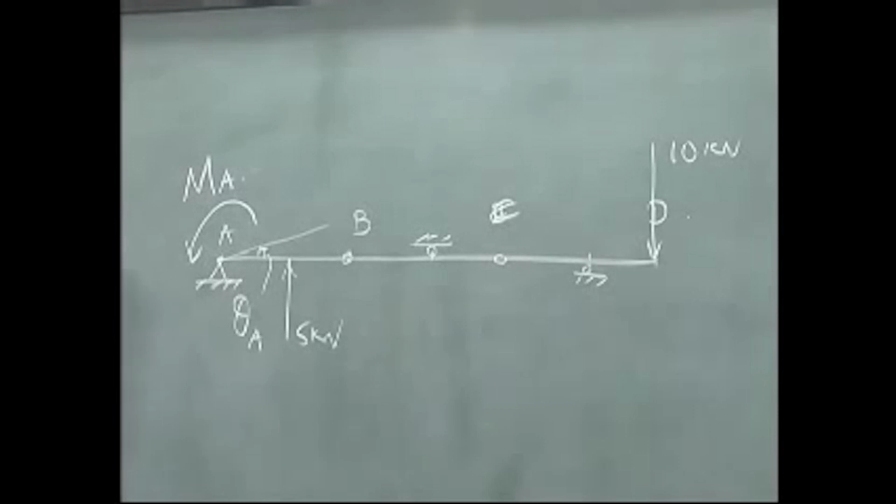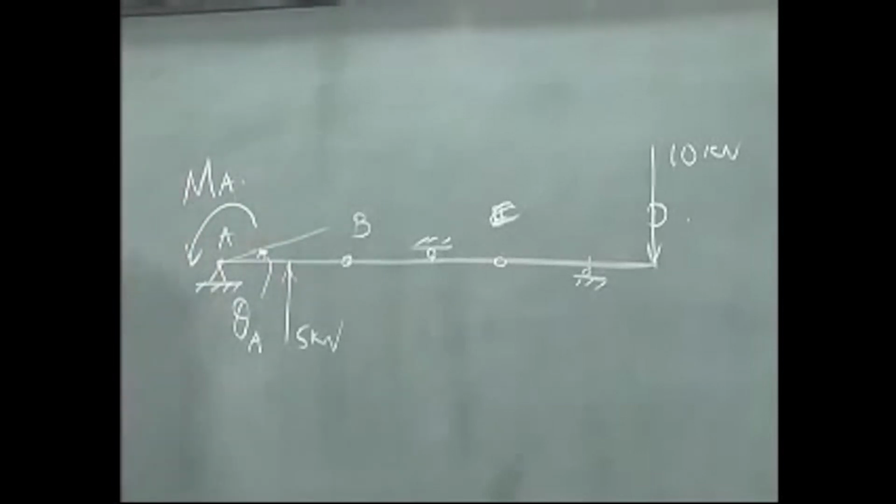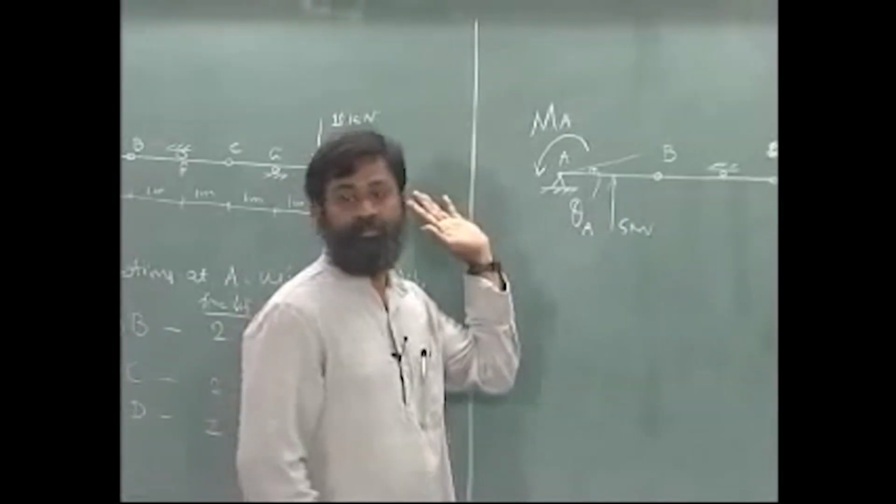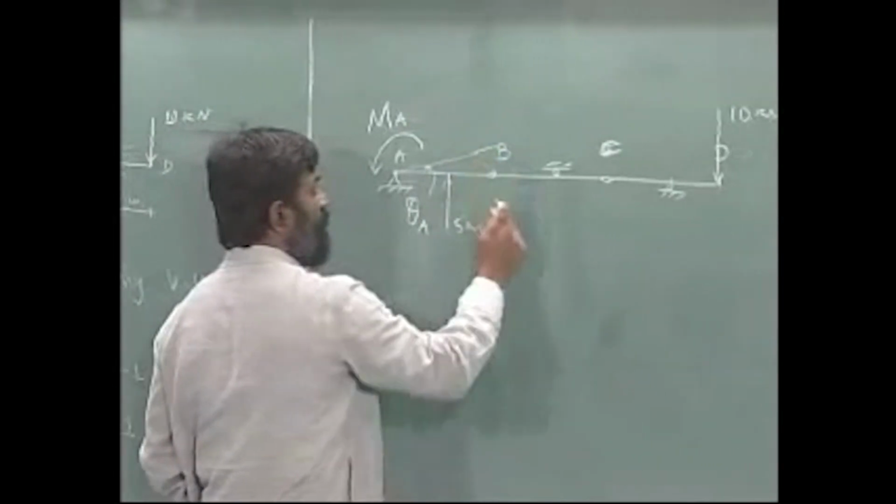And if I am rotating like this, what should happen to B? B will start to move up, right. I am just using simple geometry.